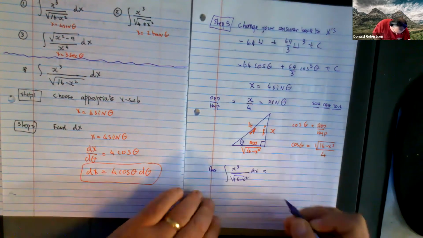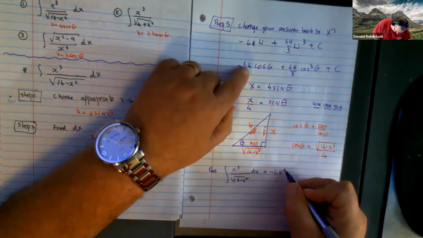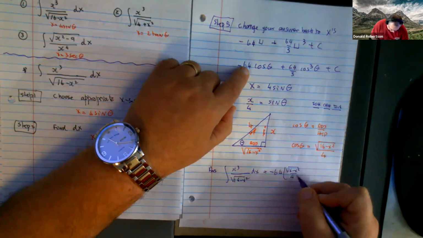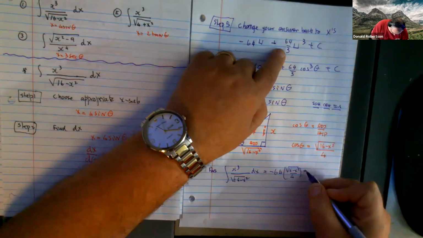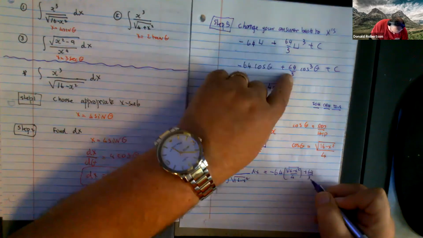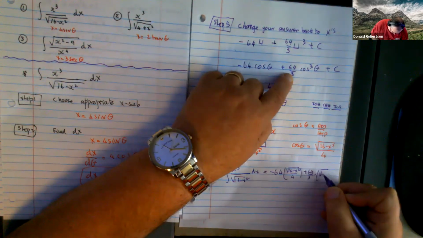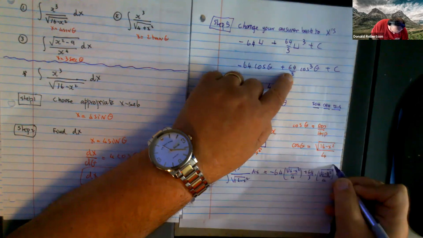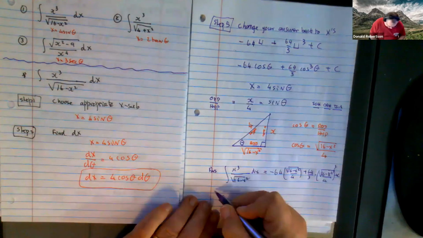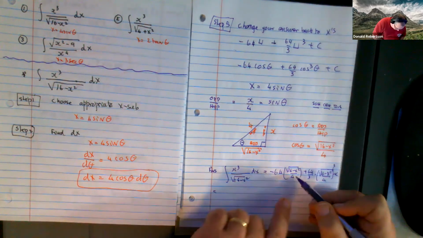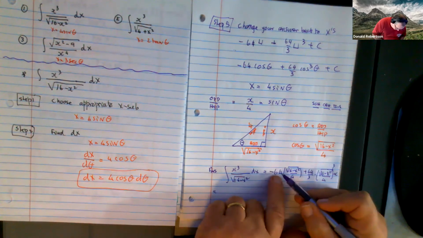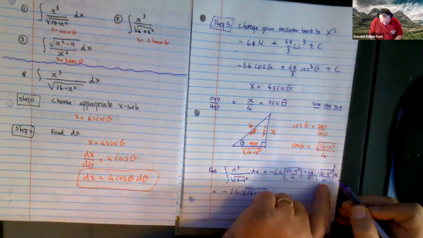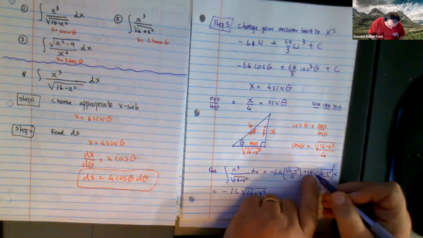It is negative 64 of this guy plus 64 thirds this guy cubed plus c. 4 and 64 partially cancel out, so I get negative 16 times that guy. 4 cubed is 64, so it cancels out with that 64.